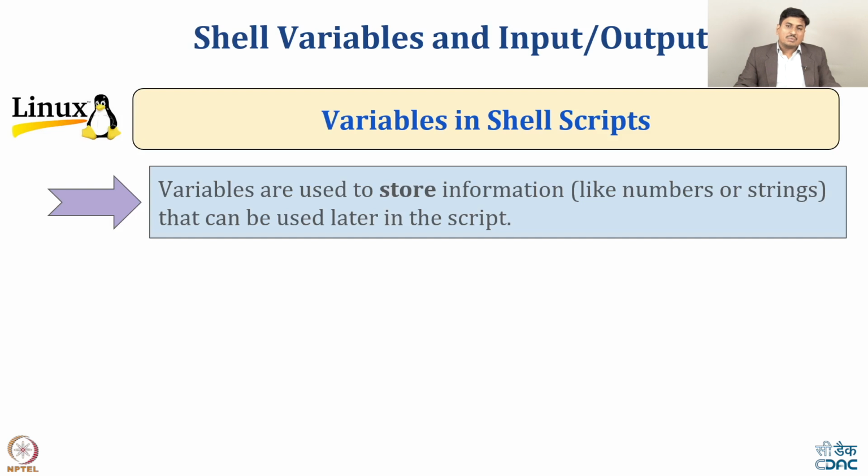A variable is an entity which stores information like numbers or strings, which can be used later on in the program or the script. If one understands other programming languages like C or Python, they know what the use of variables in programming languages is.